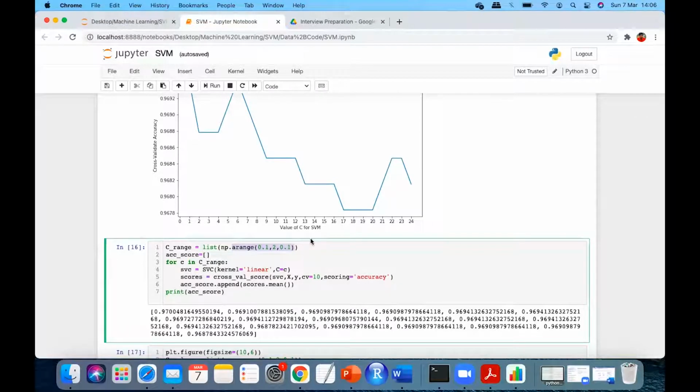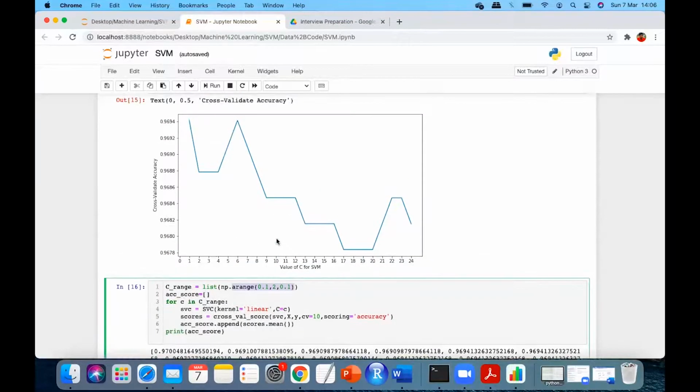It will start from 0.1 to 2 and the step is 0.1. So it will check for each 0.1 step, starting from 0.1 and checking everything till 2. Basically, I know that the maximum is at 1, but I just want to start from 0.1, which is the tenth part of 1, and then go till 2. So 1 will come in between. Yes or no?